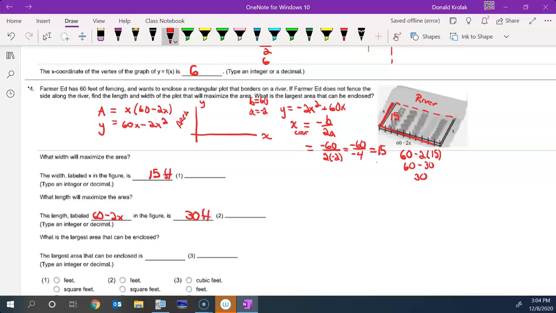What's the largest area? Well, the y-coordinate of the vertex is going to be the area. So if I wanted to find the y-coordinate of the vertex, I'm going to plug 15 into my equation. So I got negative 2 times 15 squared plus 60 times 15.